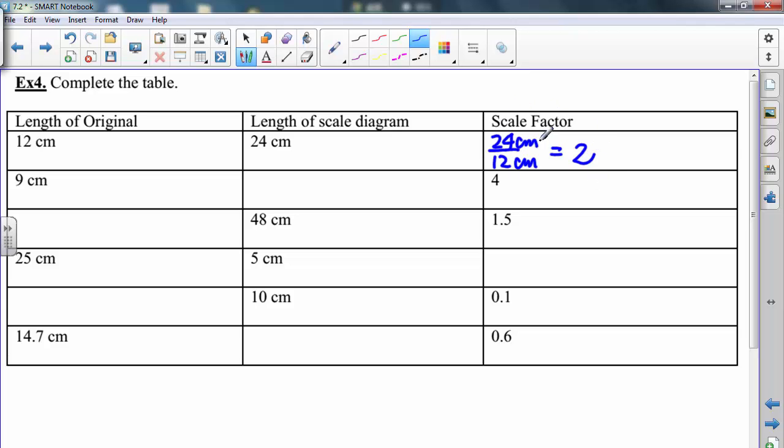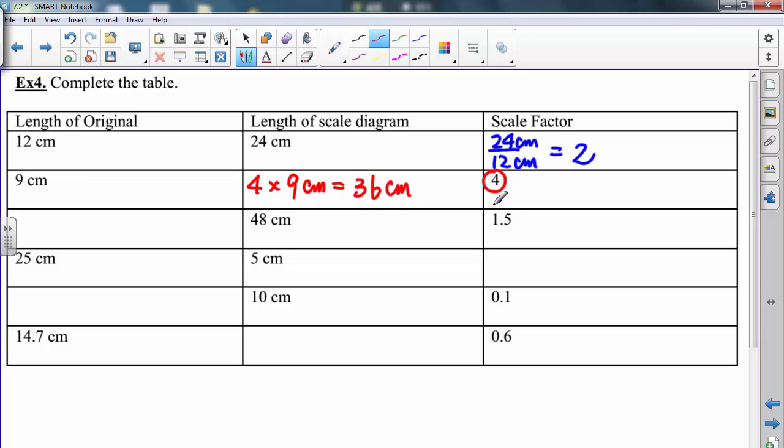If I know the scale factor is 4 and the length of original is 9 centimeters, and I want to find the length of scale diagram, I will use the scale factor times the length of original. Then I will get 36 centimeters. And you also can decide whether this length of scale diagram should be longer or shorter than the original, based on the scale factor.